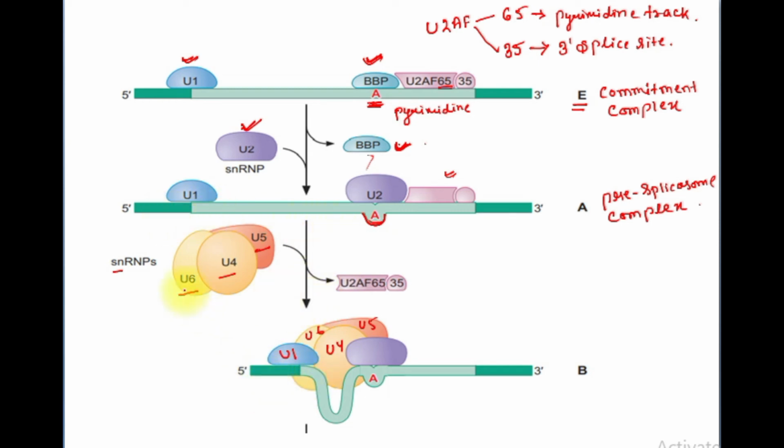You can see here it was very long, but with the recruitment of these proteins, the 5 prime splice site is near the branch point. This complex is known as the B complex or spliceosome complex, because all the spliceosome components are present in this region.